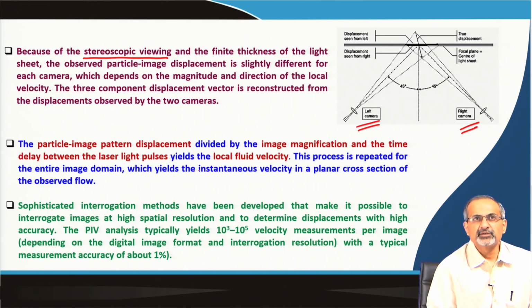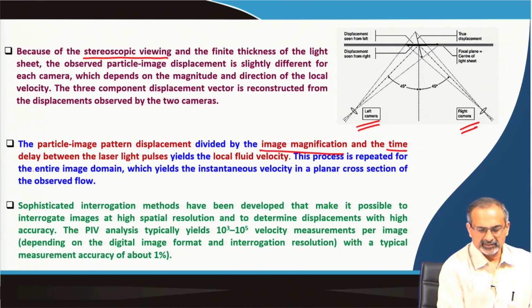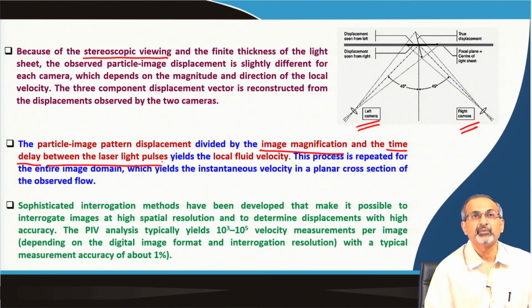The observed particle image displacement is slightly different for each camera because they are looking at it from different angles, and that depends on the magnitude and direction of the local velocity. The three component displacement vector is reconstructed from the displacements observed by the two cameras individually. The particle image pattern displacement divided by the image magnification and the time delay between the laser light pulses yields the local fluid velocity.